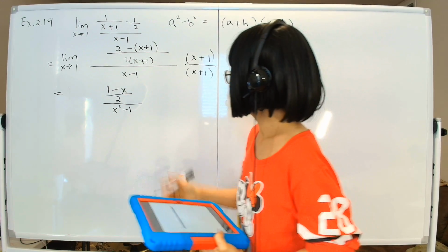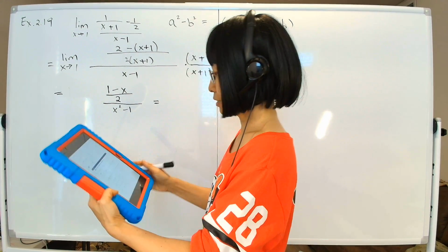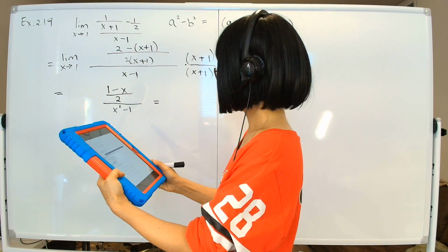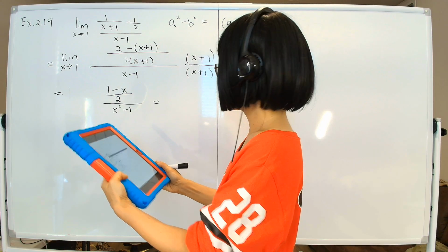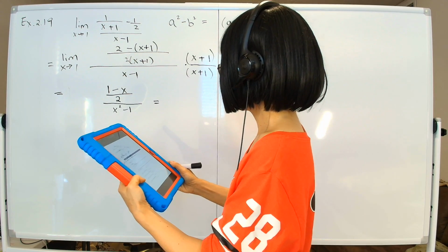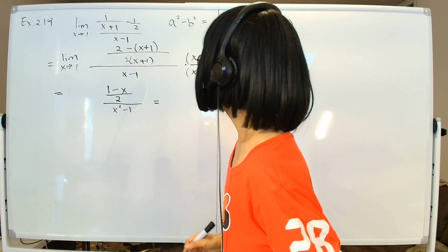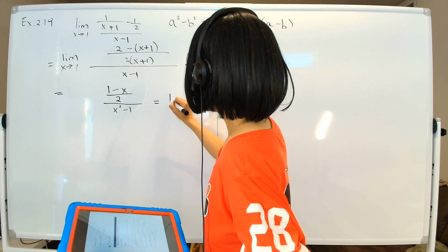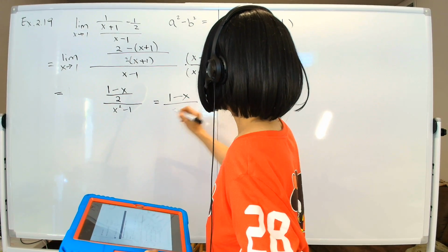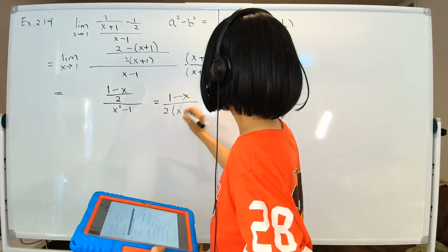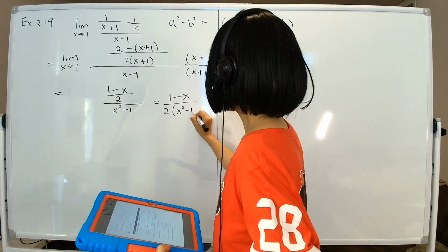And then that equals, I think, yeah, that looks good, 1 minus x over 2 times x squared minus 1.